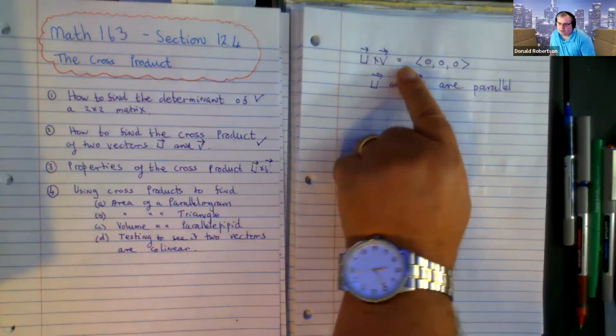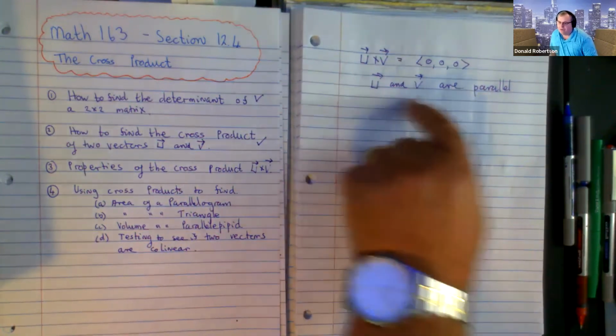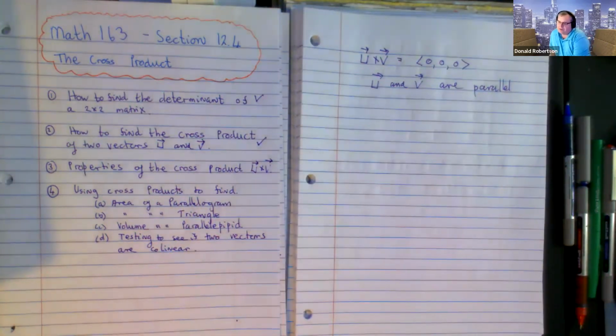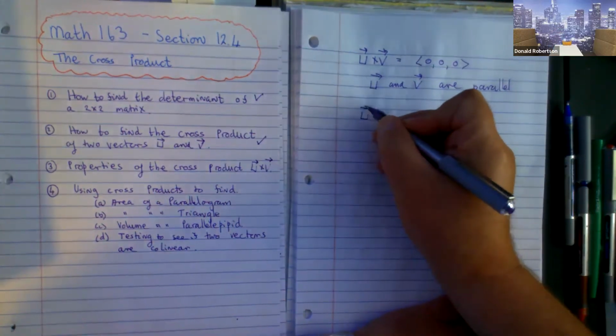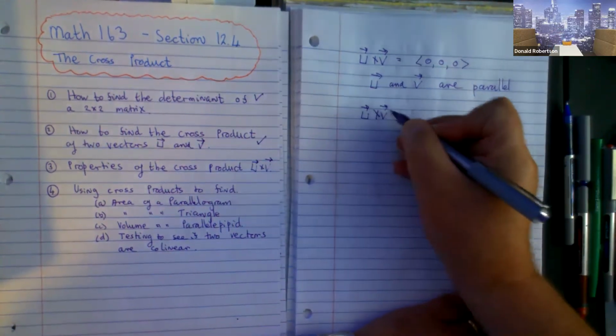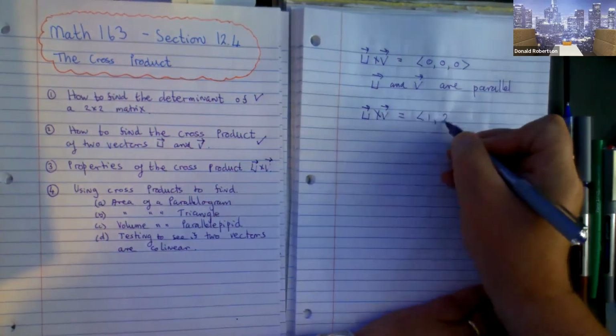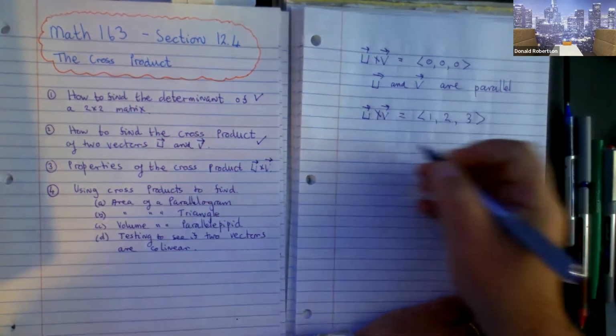If the cross product is a zero vector, u and v are parallel. So there's a test for two vectors being parallel, right? Cross products are zero. Parallel.